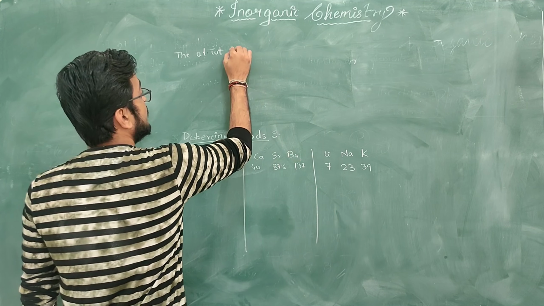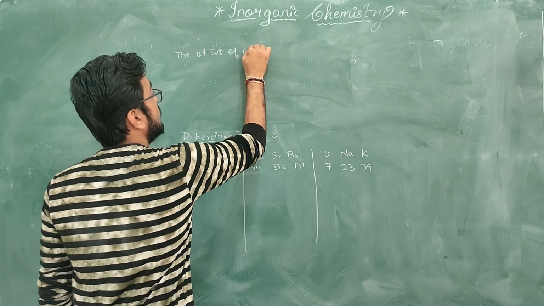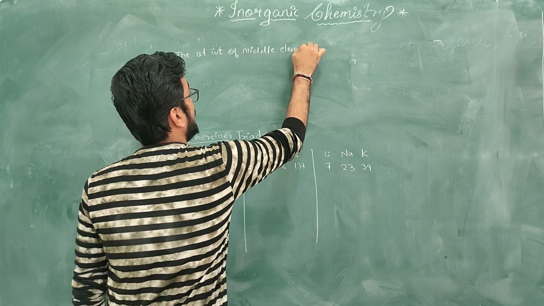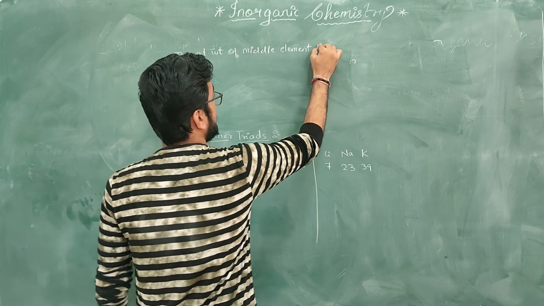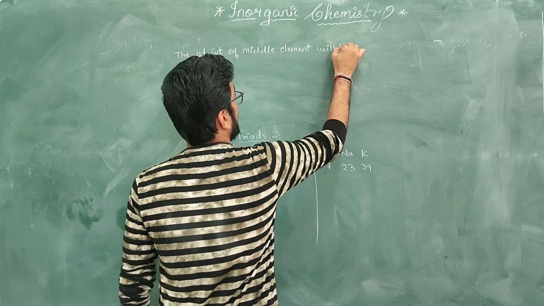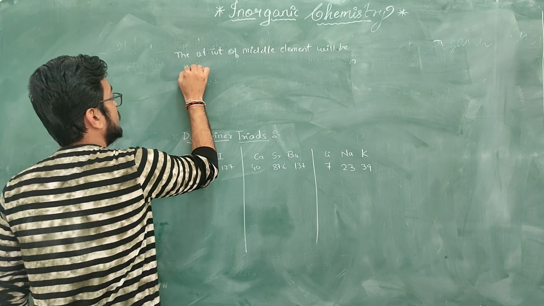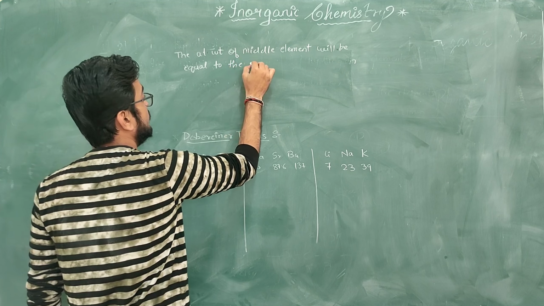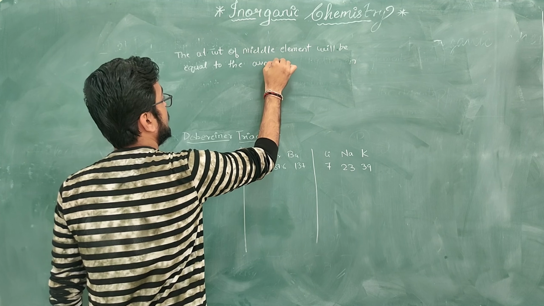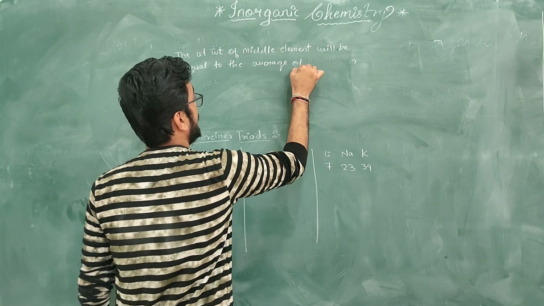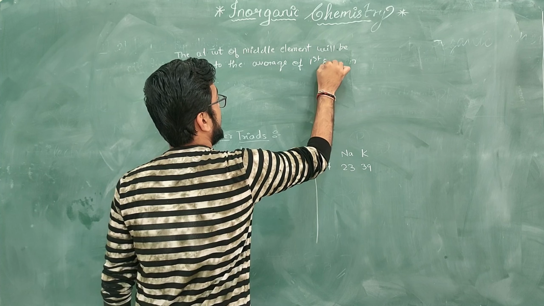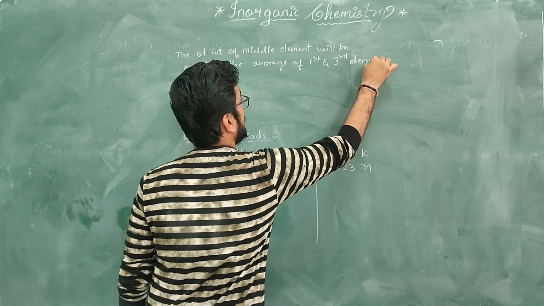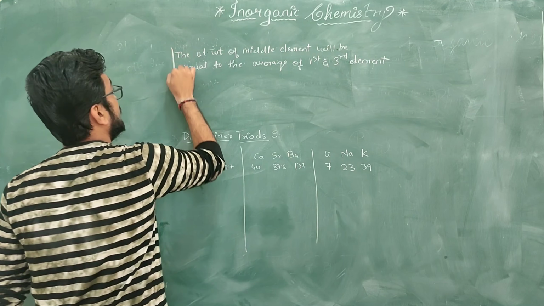So the atomic weight of the middle element will be equal to the average of the first and third element.